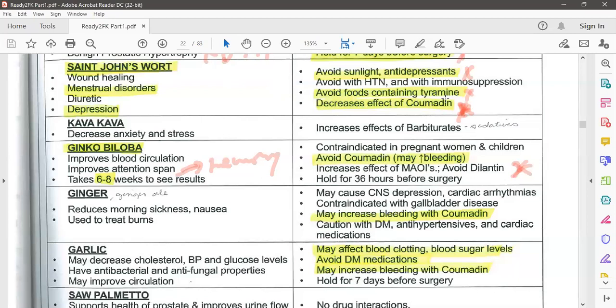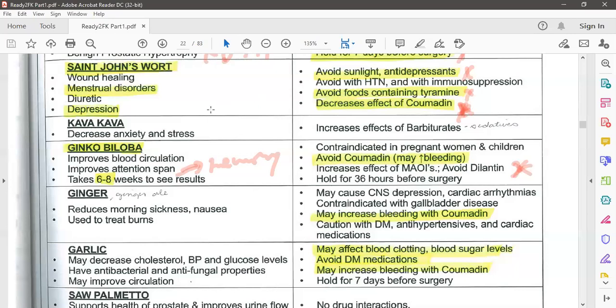If you ask me what foods contain tyramine, I could tell you some kinds of meat, some grains, or some vegetables like banana, avocado, raisin, or some dairy food like cheese, or coffee, chocolate, or soy sauce. They contain tyramine. So tyramine and St. John's wort should not be given together.